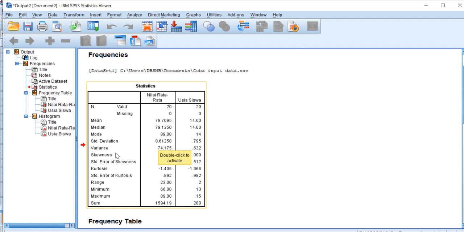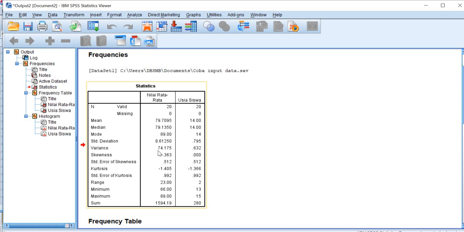Variance is to understand the homogeneity of our data, as shown in the standard deviation. And the higher the variance score, the more heterogeneous our data is.